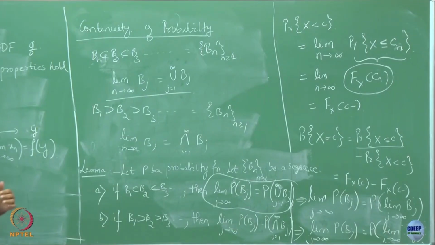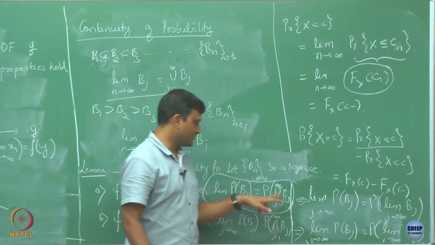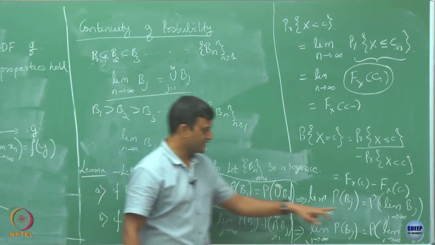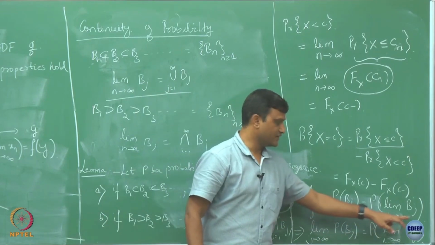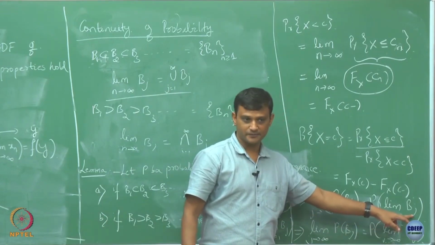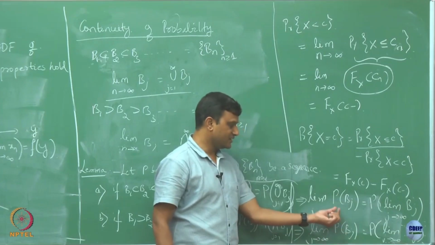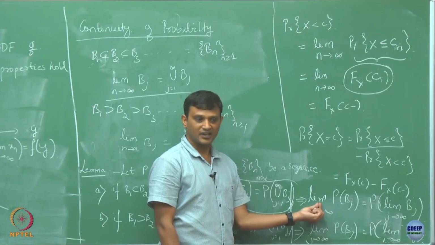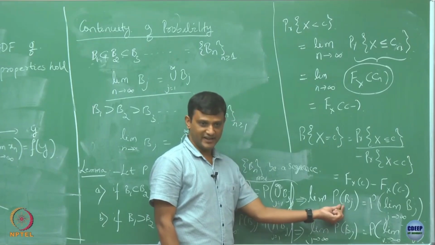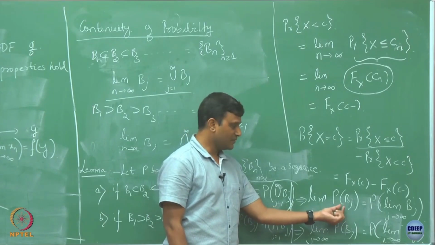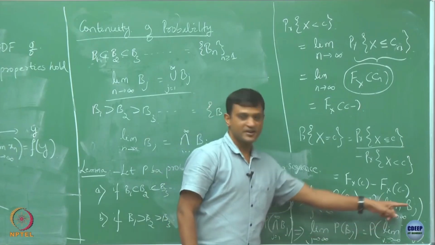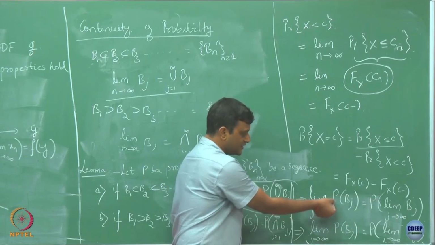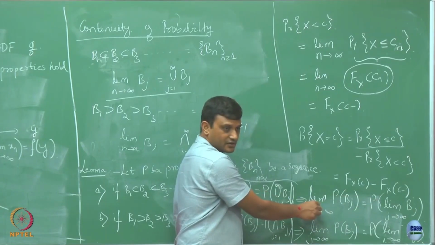So what we have basically done is replaced this definition. This union over j from 1 to infinity is nothing but what? The limit as j tends to infinity of Bj. This is our definition. Now what we are saying is, if you want to take a limit of the sequence of the probabilities, this is nothing but the probability of the limit of Bj. That means we have basically interchanged this probability function and limit.